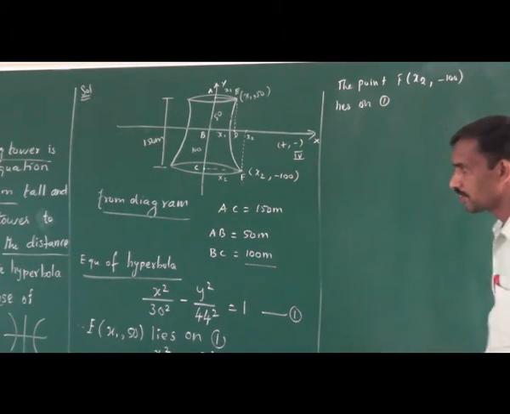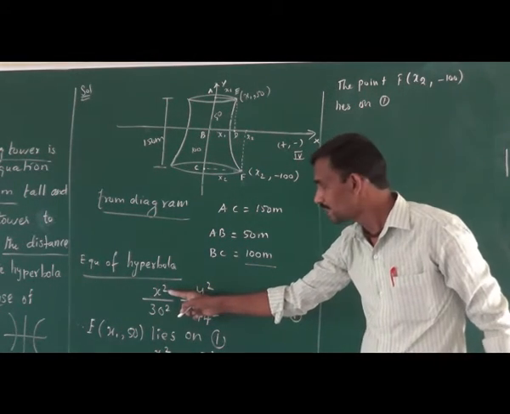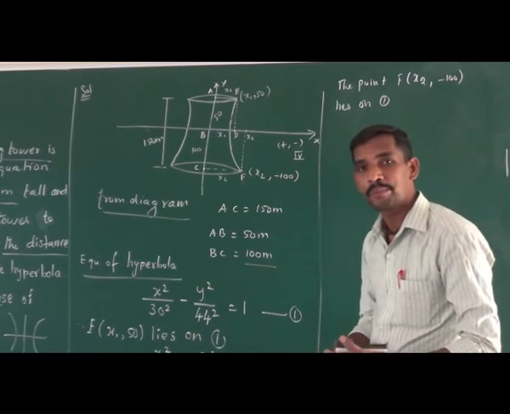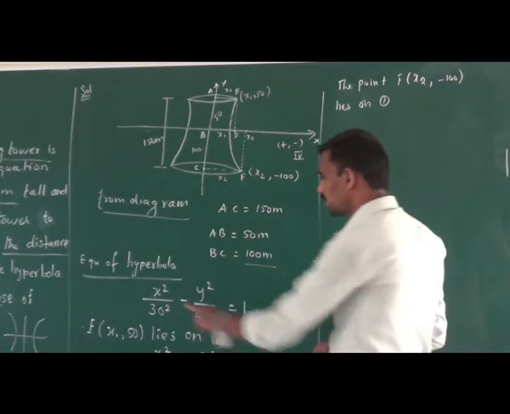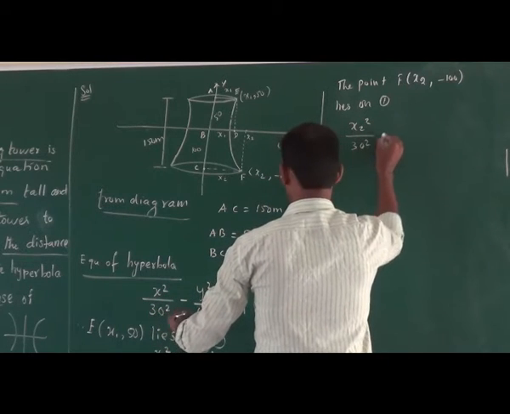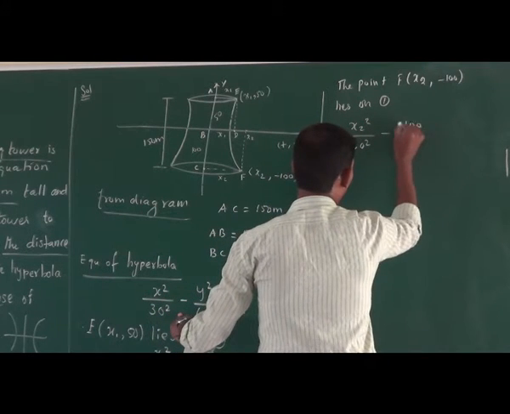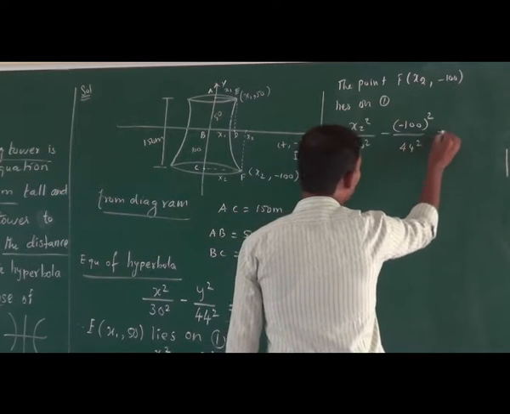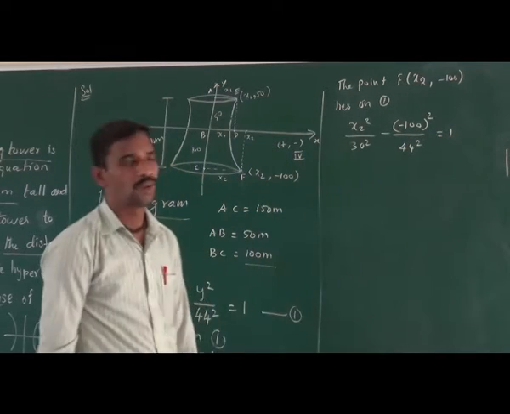So this is the first equation. Here x square we want to replace by x2 the whole square, and y square nothing but minus 100 the whole square, right? So x2 square divided by 30 square minus 100 the whole square divided by 44 square, which is equal to 1.